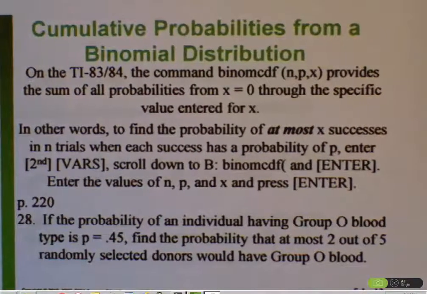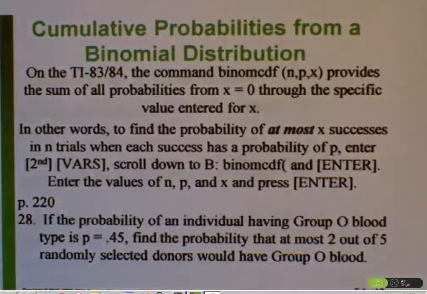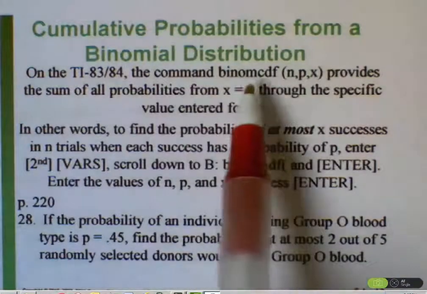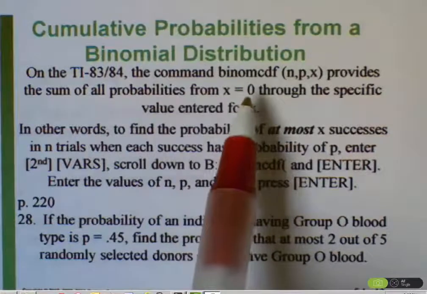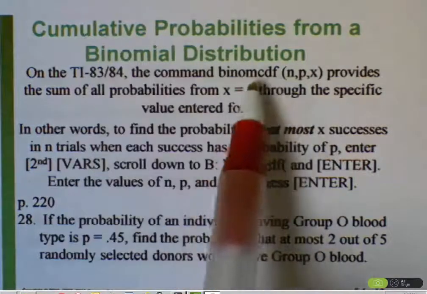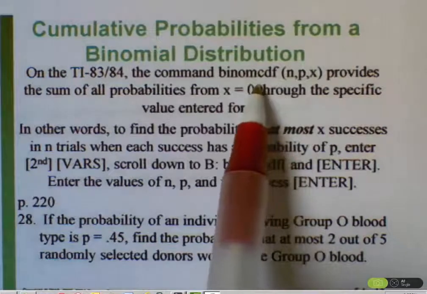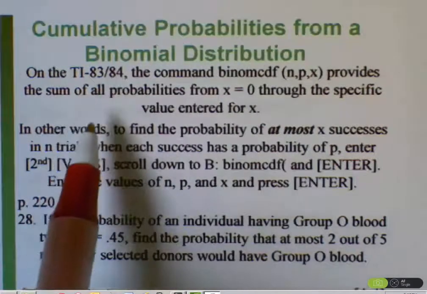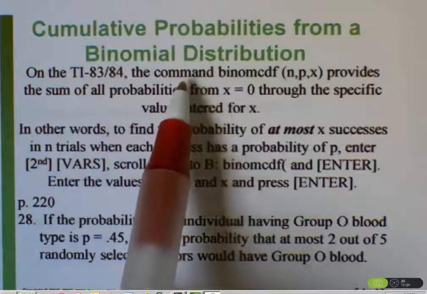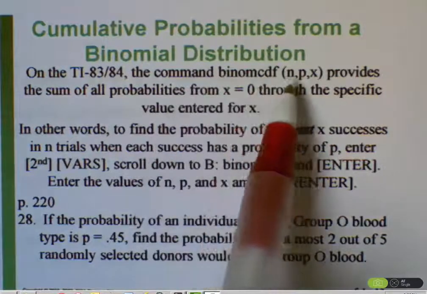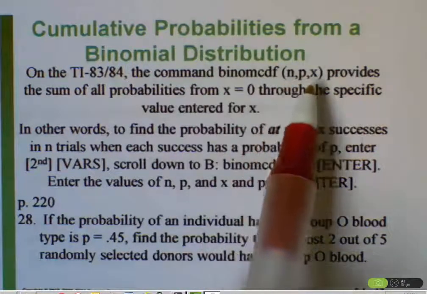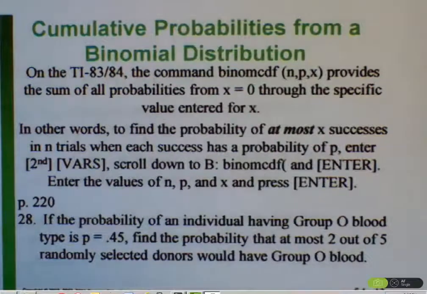Well, binomial CDF is the cumulative probability function on the calculator, and the C stands for cumulative. That means it adds up several probabilities for us. On the TI-83/84, the command binomial CDF and then the same arguments N, P, and X provides the sum of all probabilities from x equals 0 through the specific value entered for x.